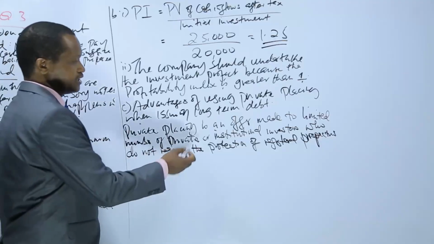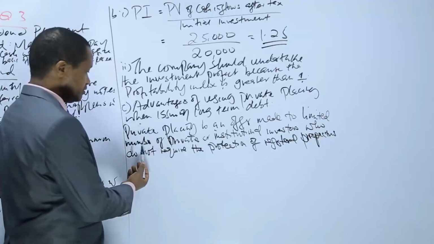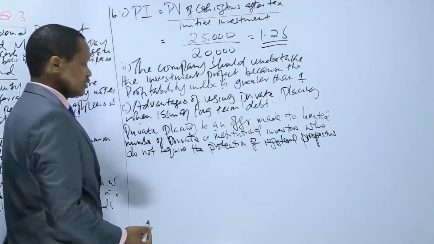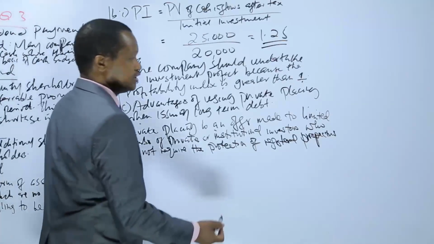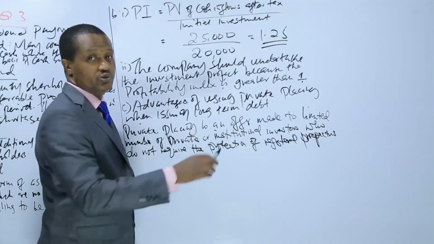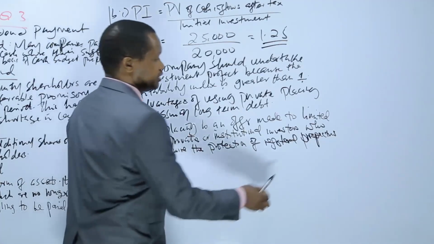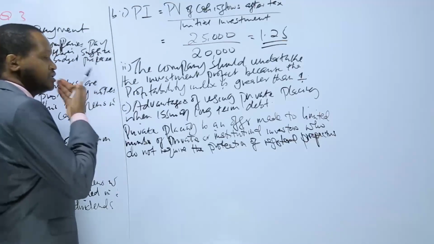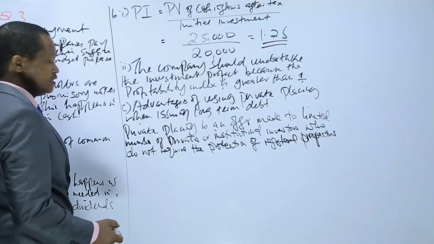But private placing is an offer made to a limited number of private or institutional investors who do not require the protection of a registered prospectus. In your reading, you will discover that for public placing, you need to have a prospectus that has to be registered. There is a process in doing so.